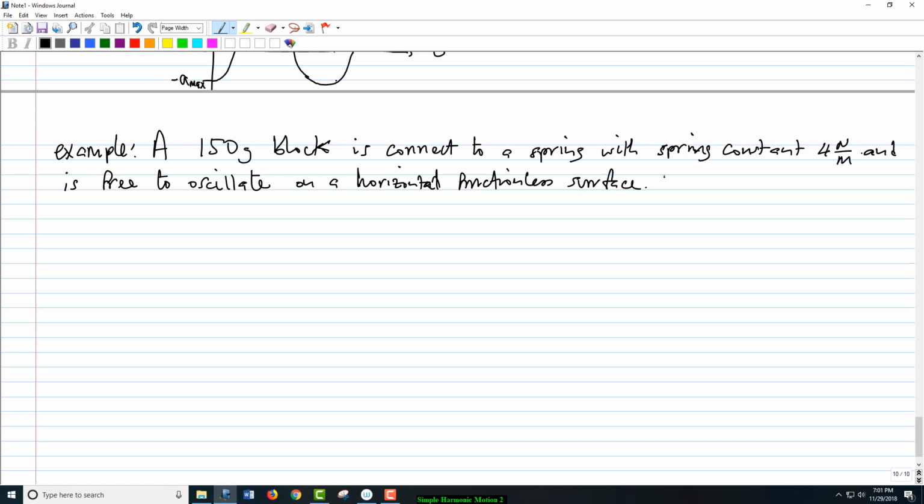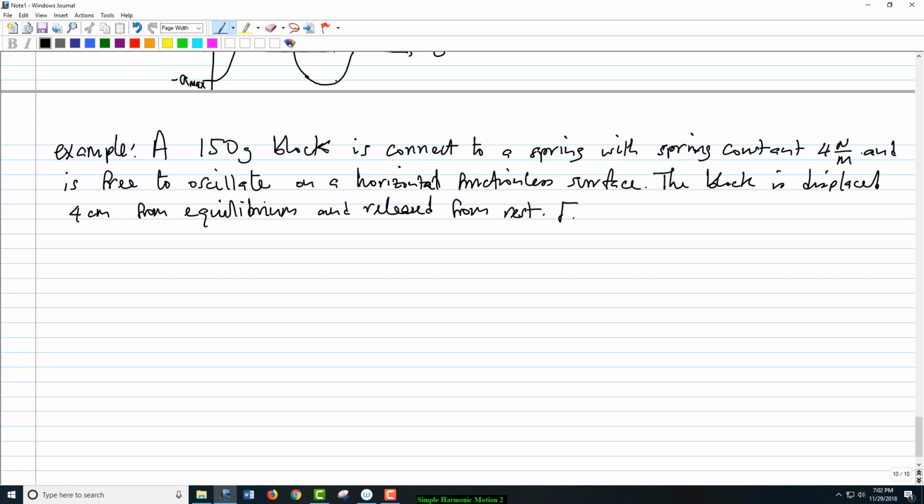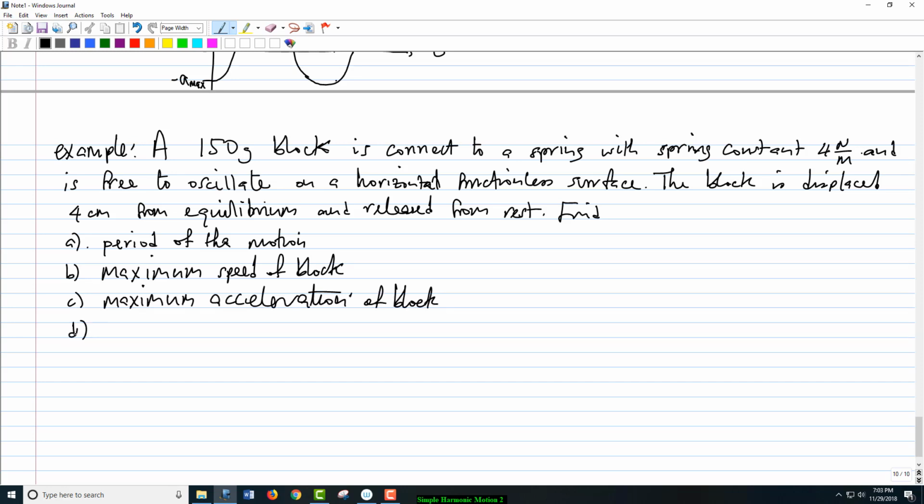Suppose the block is displaced 4 centimeters from equilibrium and released from rest. Find A, the period of motion, B, the maximum speed of the block, C, the maximum acceleration, and let's try D, an expression for the position, velocity, and acceleration.